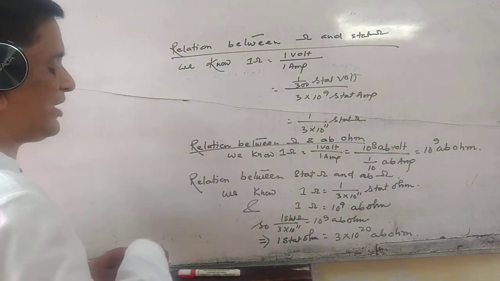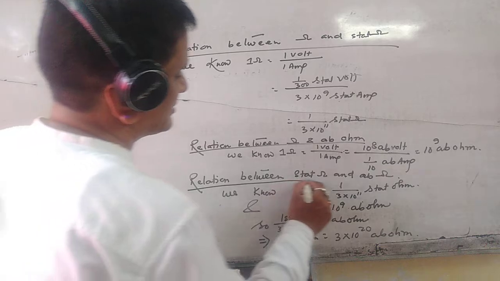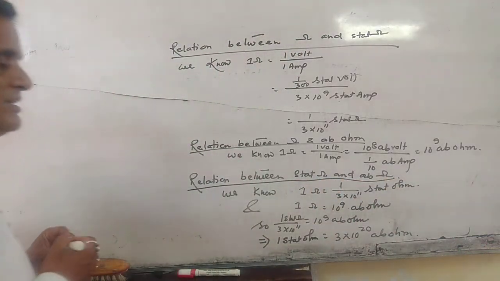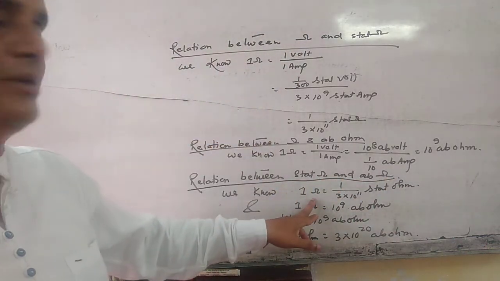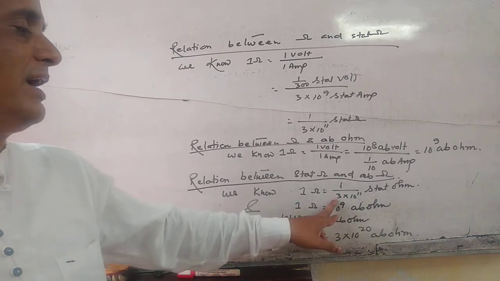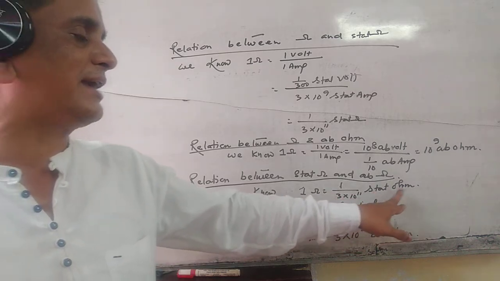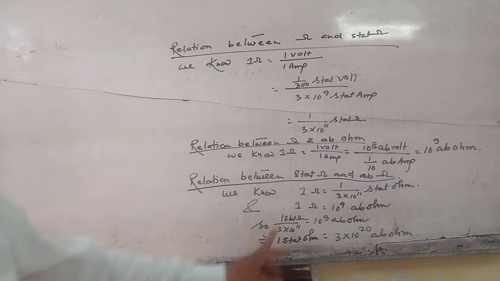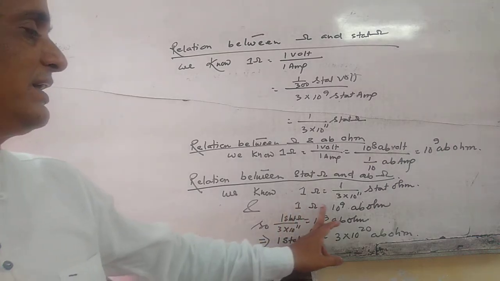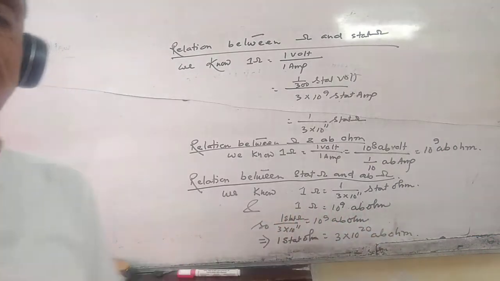Now we are going to find out the relation between stat ohm and AB ohm. We just found that 1 ohm is equal to 1 by 3 into 10 to the power 11 stat ohm and 1 ohm equals 10 to the power 9 AB ohm.